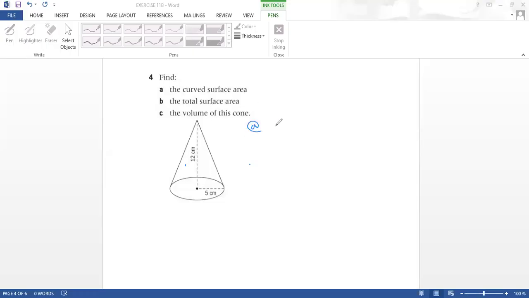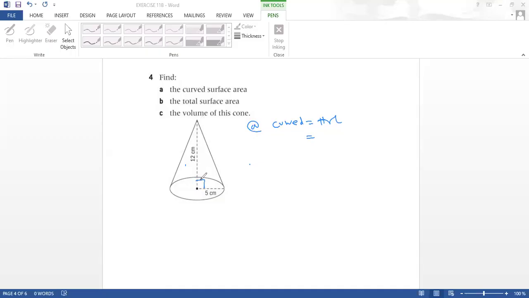So curved surface area will have the formula of pi r L. L is the slanted height of this cone. Because this is a right angled triangle, the radius surely meets the line directly above it.